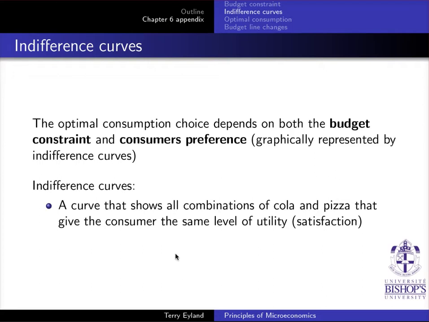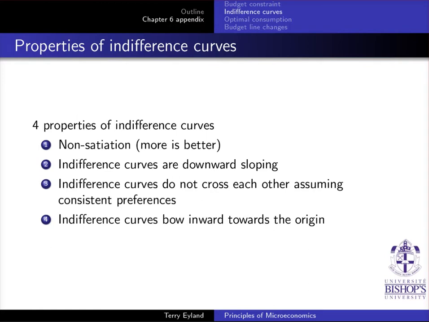However, these indifference curves have certain properties that are the same for everyone. So I'm just going to go through these 4 properties of indifference curves. First off, we say that with indifference curves, the more we have, the better things are.